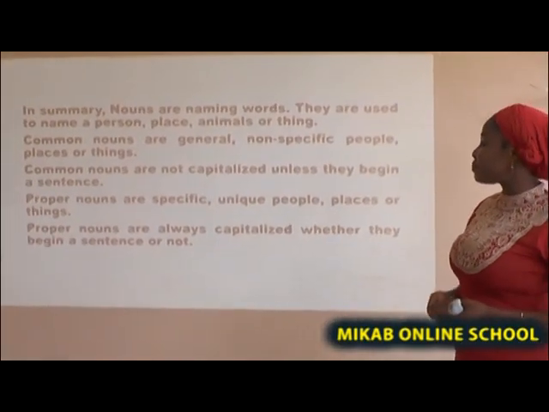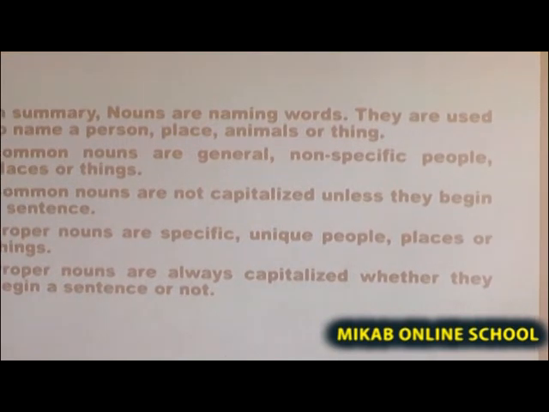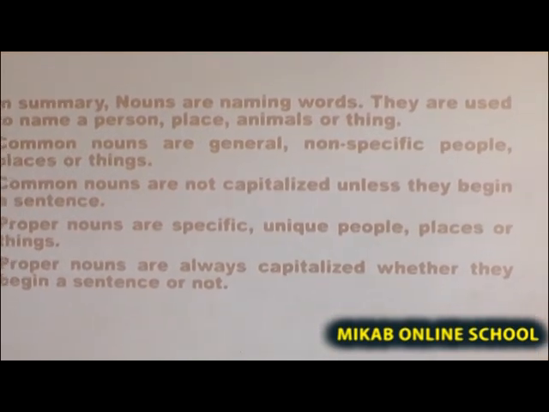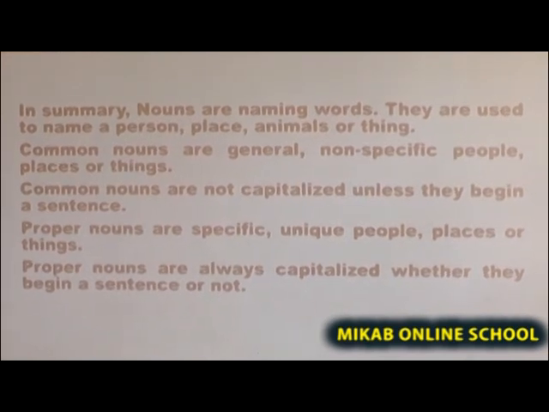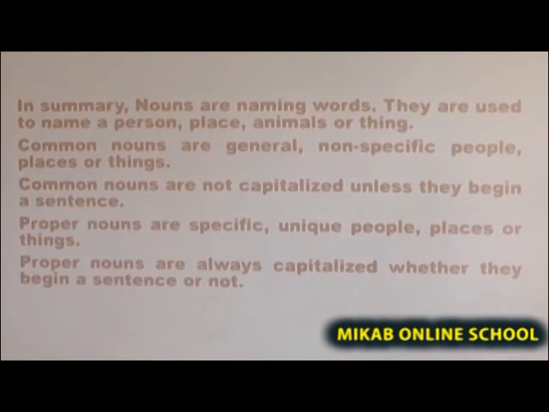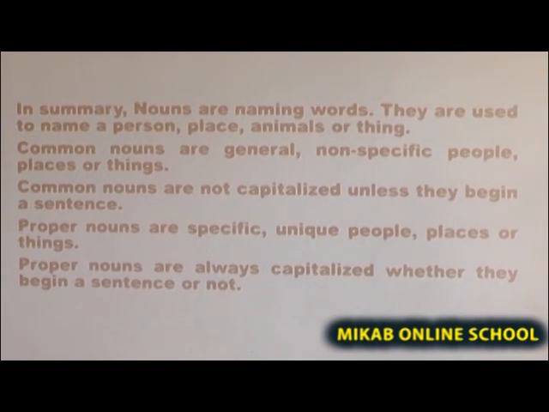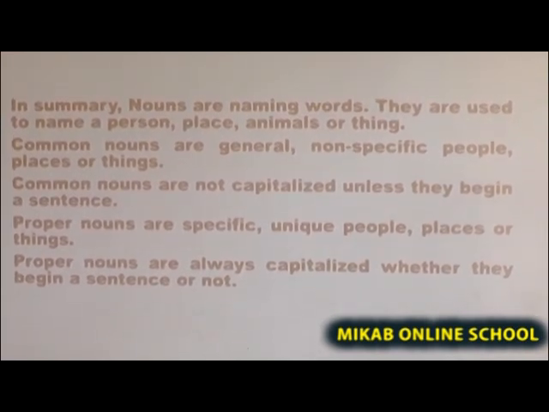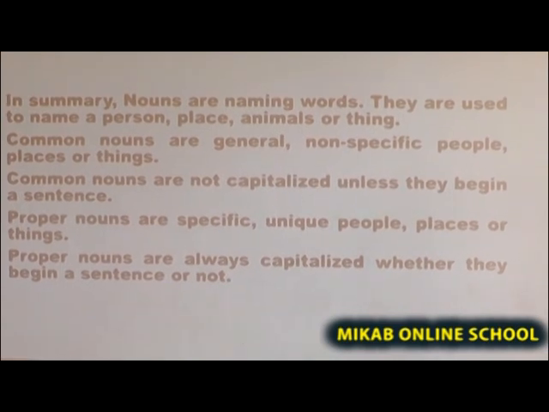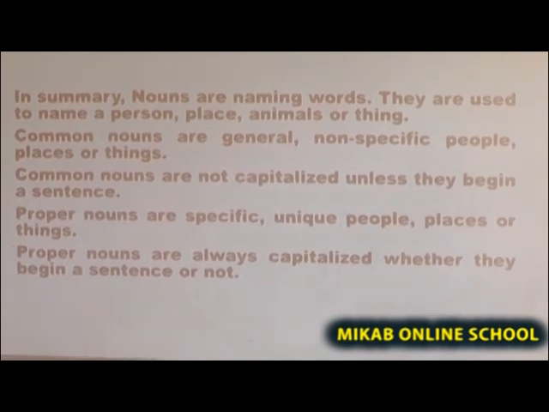Now, in summary, from the definition we gave, nouns are naming words. They are naming words because they help to name a person, animal, place, or thing. And common nouns are general, non-specific.